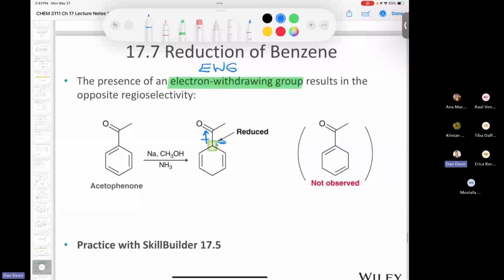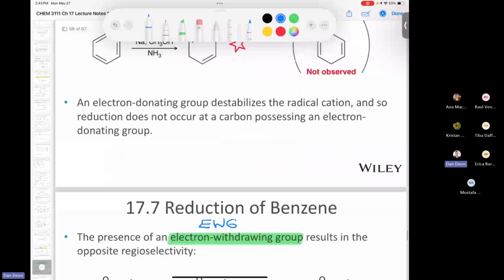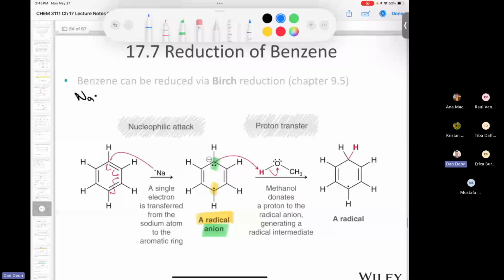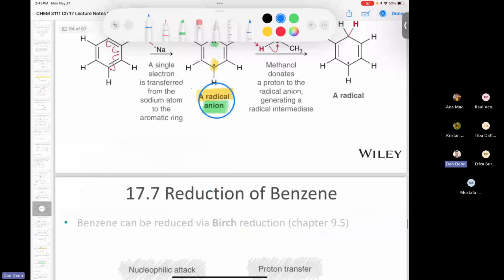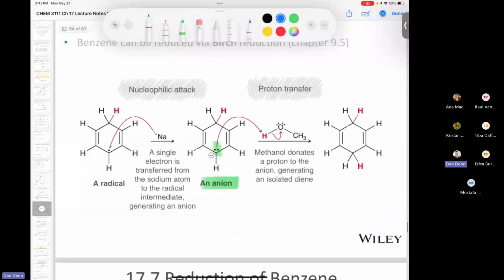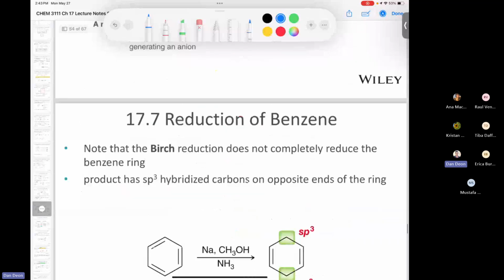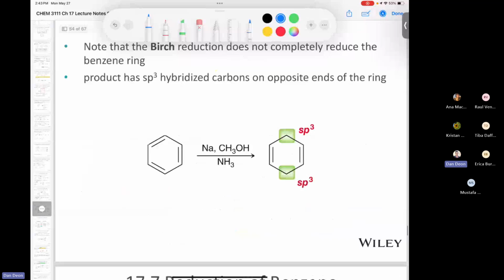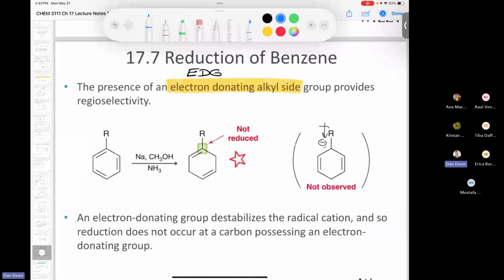And so I'm never going to ask you to draw this mechanism. However, it's wise to know what the radical anion is, because it will provide you with a good rationale for understanding why electron donating groups, their carbons are not reduced, whereas the carbons with electron withdrawing groups, those are reduced.